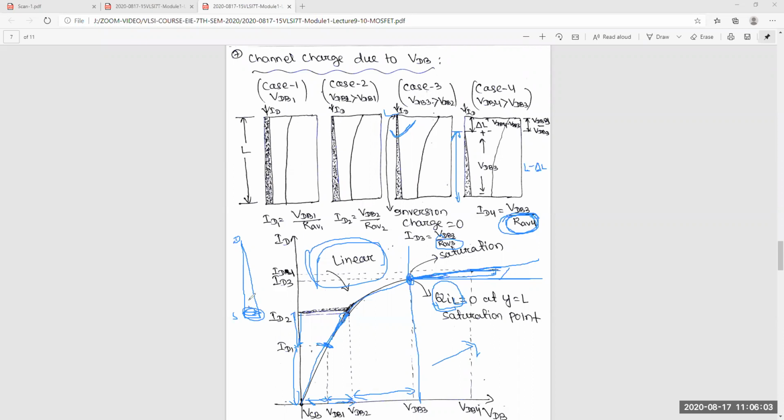Now if you go in this direction, suppose this is 5 ohm, this is 10 ohm, this is 15 ohm, this is 20 ohm, like this. Here the area is less, this area is more. So in this fashion the channel resistance will be there.